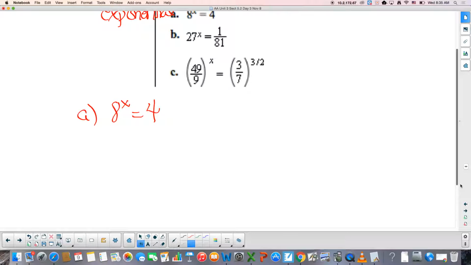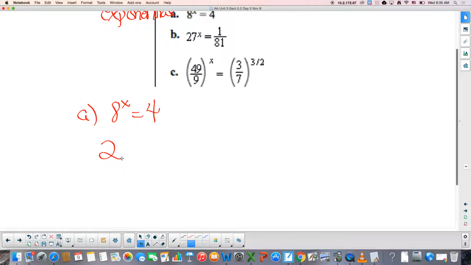Okay, so I'm going to write this out in its prime factorization. Do you notice anything special about 8 and 4? Isn't 8 a multiple of 4? So let's break this down to the base, because this really is base 2.